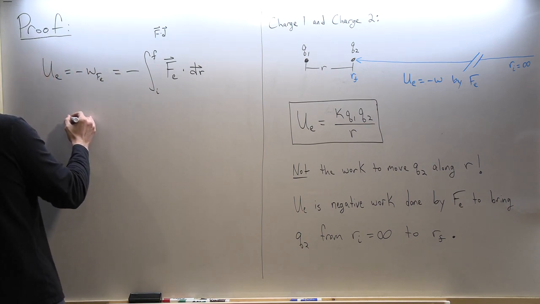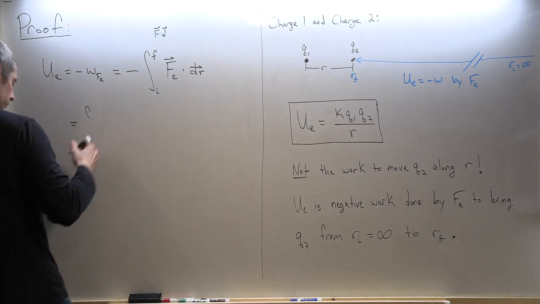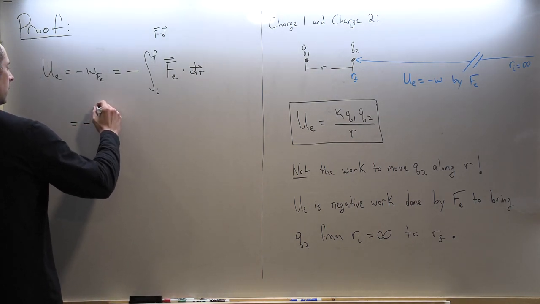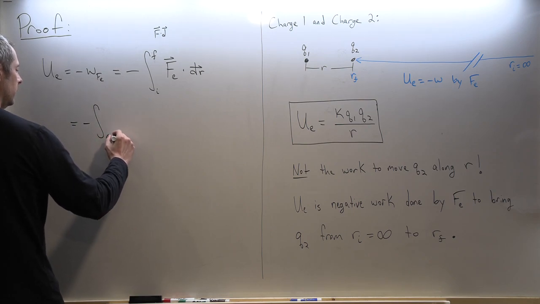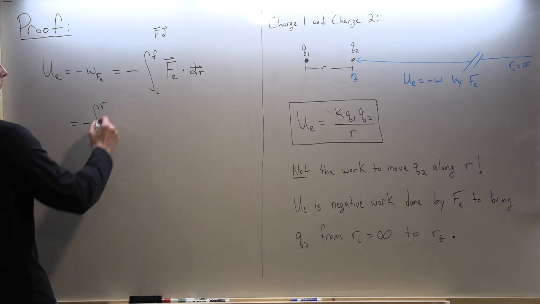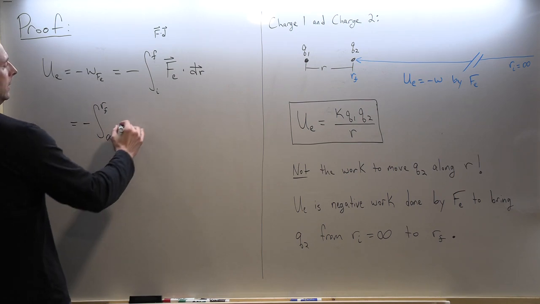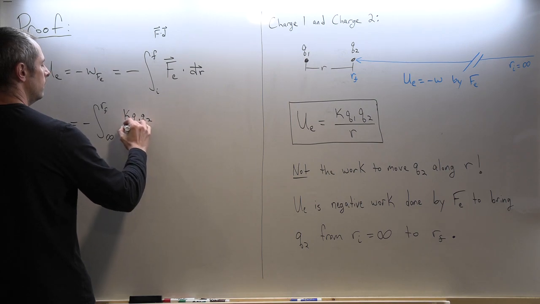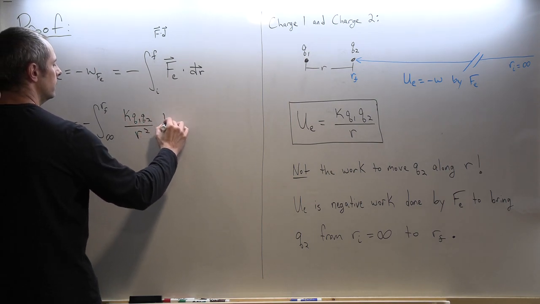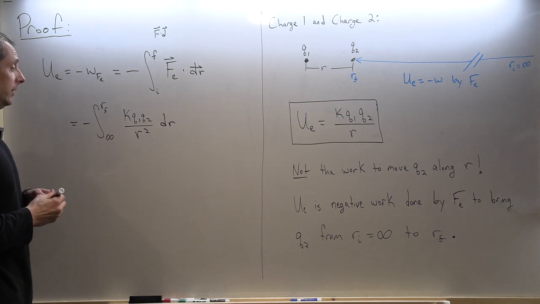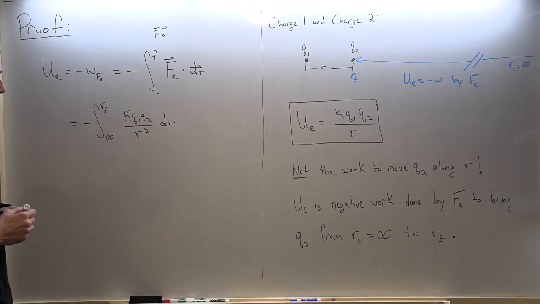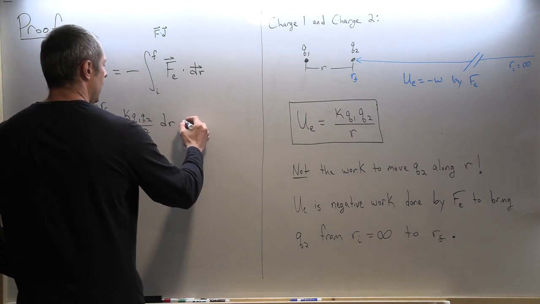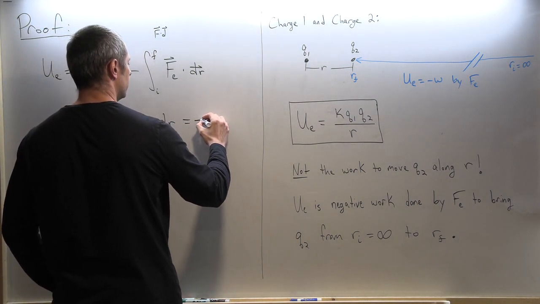Okay, so let's continue on. So, oops, I forgot the minus sign. From infinity to R final, the expression for the force is this, and the force and dr are lined up in the same direction, so I will just get rid of the dot product, and then minus.